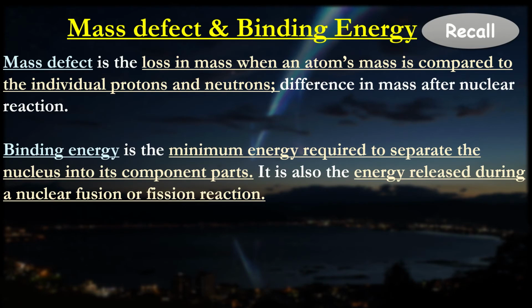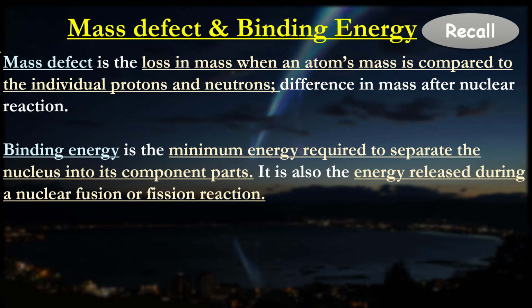If we're trying to do a quick recap of mass defect, just remember in all nuclear reactions the loss in mass is attributed by comparison to the individual protons and neutrons of that nucleus.